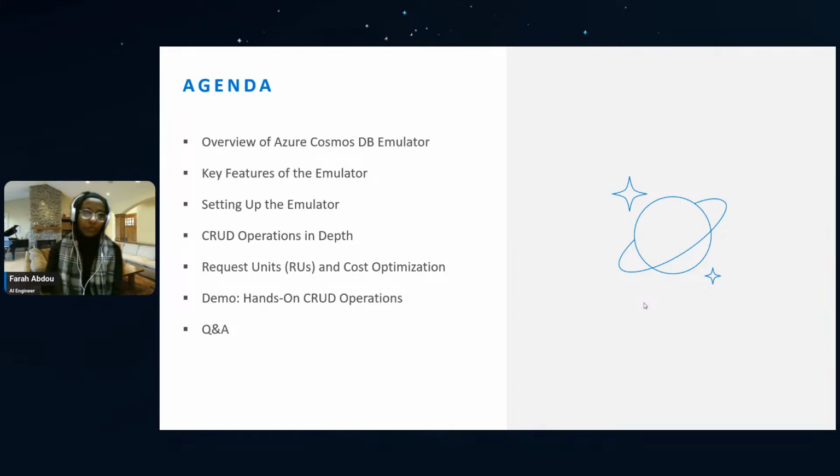First of all, we will have an overview of Azure Cosmos DB Emulator, know some key features of the emulator, and how to set it up if you don't know how to do this. Then we will go in depth into the CRUD operations and learn more about request units and cost optimizations, and then have a demo, which will be the most important part of today's session.